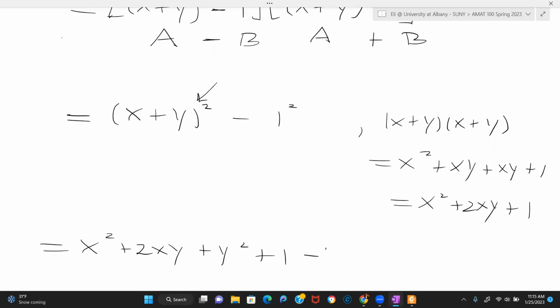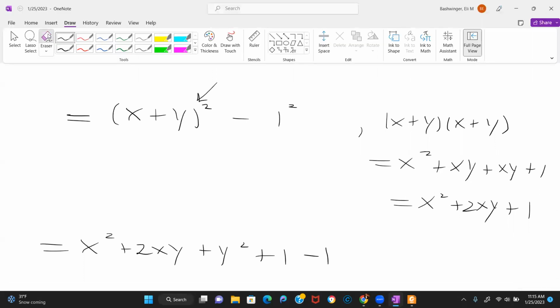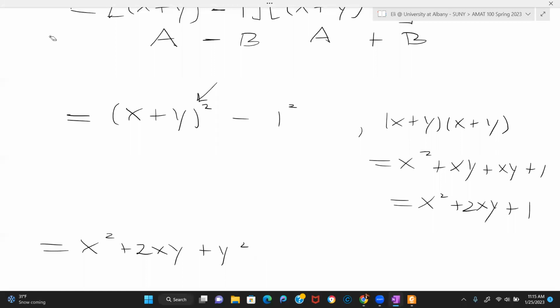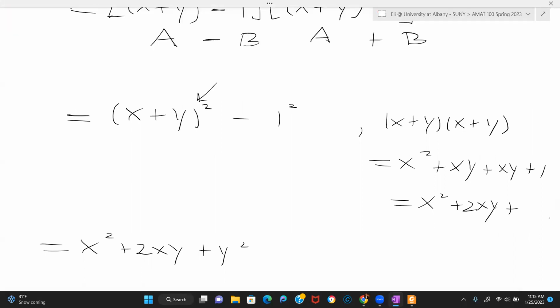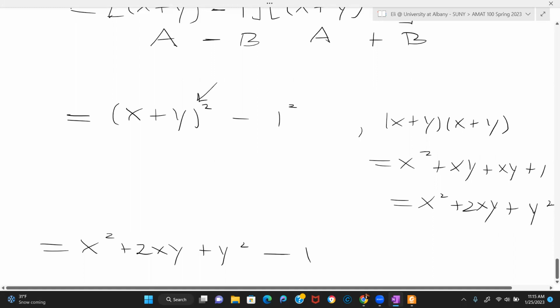Now, minus 1. Wait, no, this is not right. I knew something wasn't right. This is not plus 1 right here. That's plus Y squared. So X squared plus 2XY plus Y squared minus 1, and then that's it. You're done.